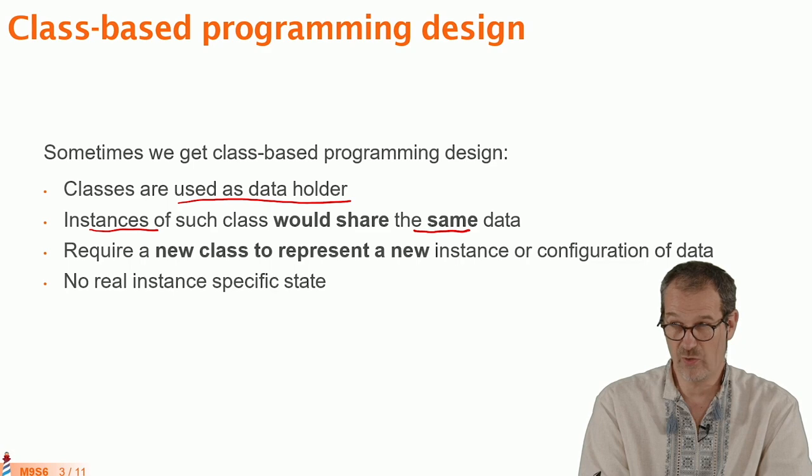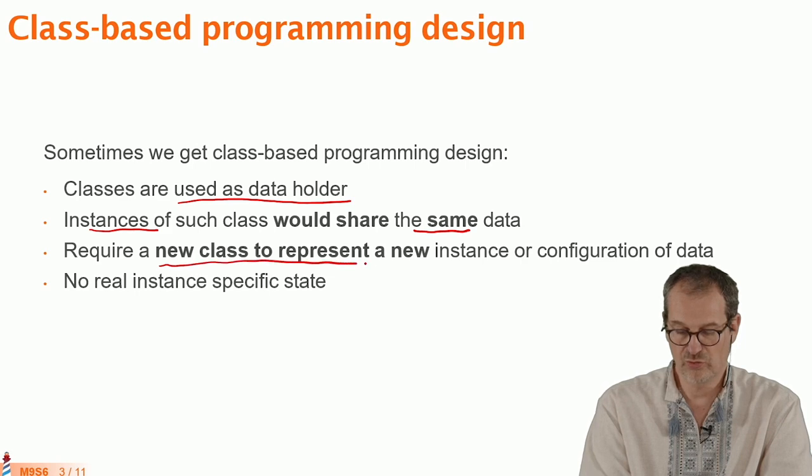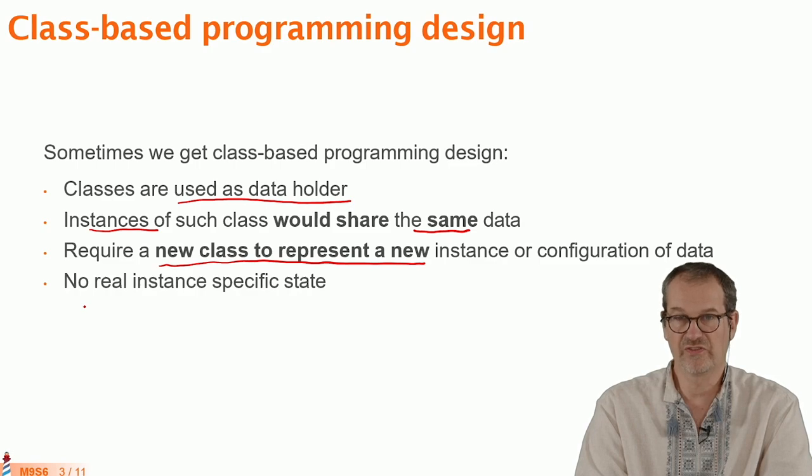In that case, you say, okay, why do I need a class that normally generates different instances, if now I generate instances but they all have the same data? And in this design, often you will have to write a new class to represent a new instance. And this is really a big red sign. You should not. In such a design, you have no real instance-specific state.